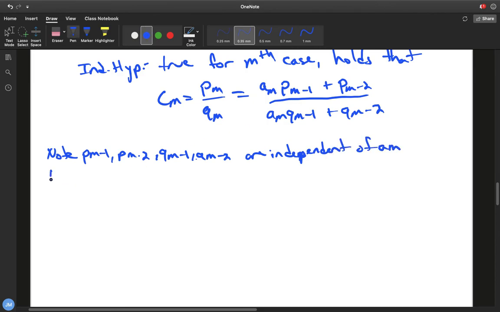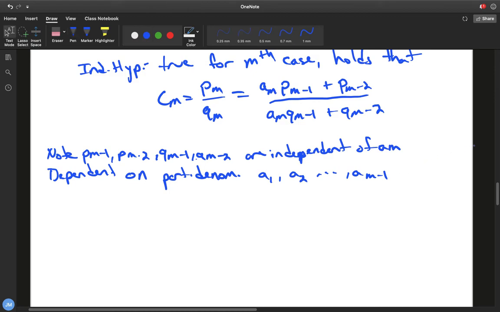Notice that they're dependent on the different denominators, or the partial denominators, of a sub 1 all the way up to a sub m minus 1.